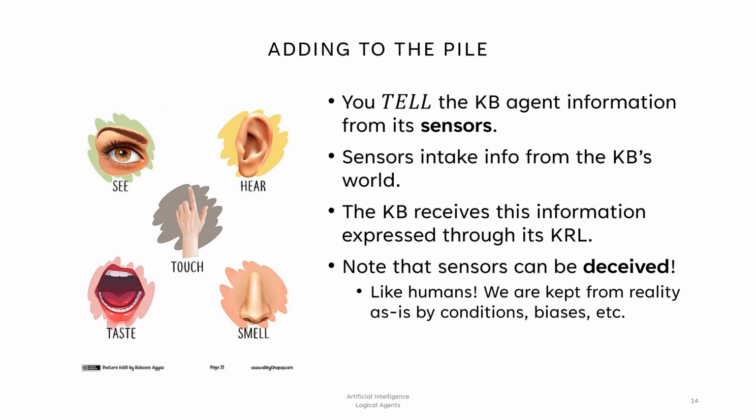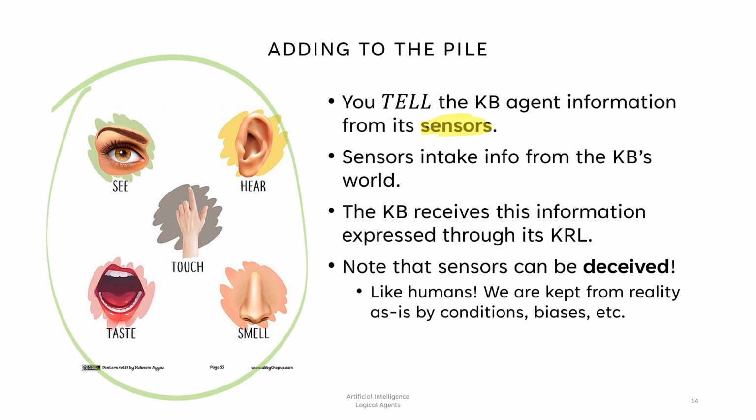So not only do we have all of our memory, we also have sensors, right? So the KB agent uses its sensors to learn more about the world around it. Just like we have our different senses that we talked about, the KB receives information through the sensors. However, the KB receives this information through its KRL, which is its knowledge representation language.